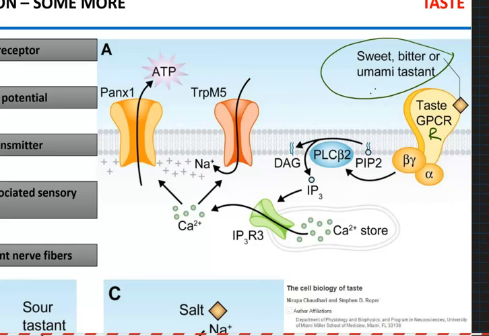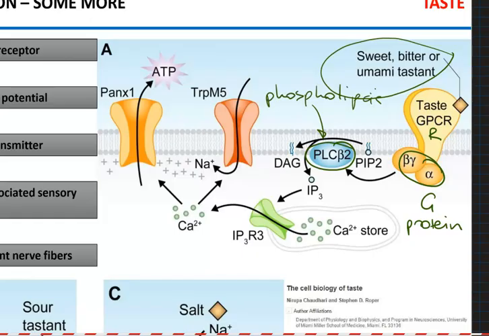Okay? This is the G protein. When G protein gets activated, it activates phospholipase C, the protein.